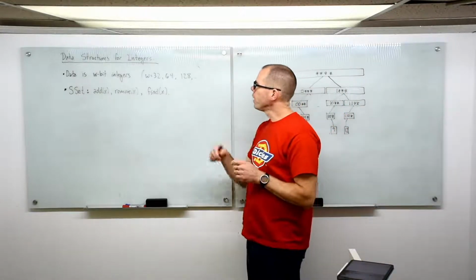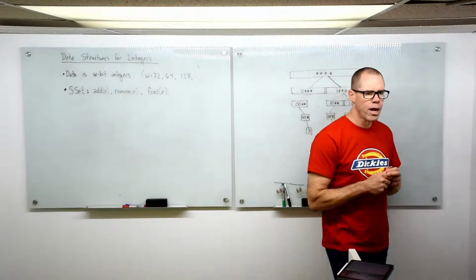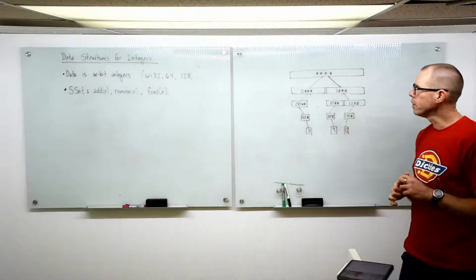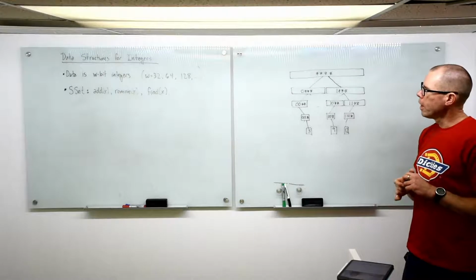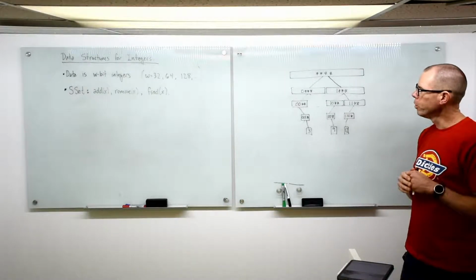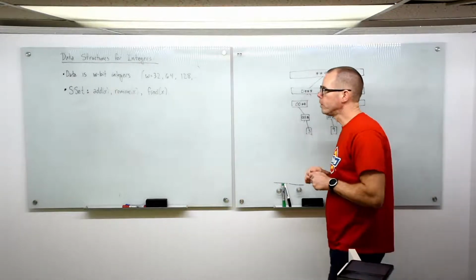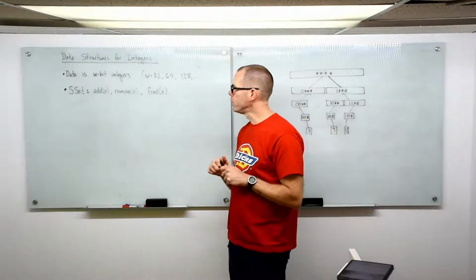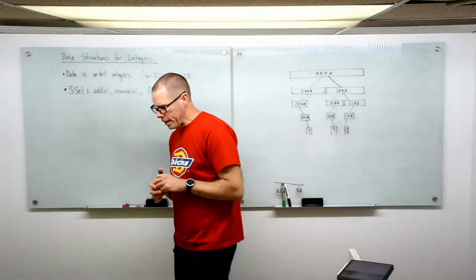And 128, those could be IPv6 internet addresses. Those are 128 bits. So they're integers of a fixed length, W, but W can be quite big. So this doesn't mean that they're small integers.